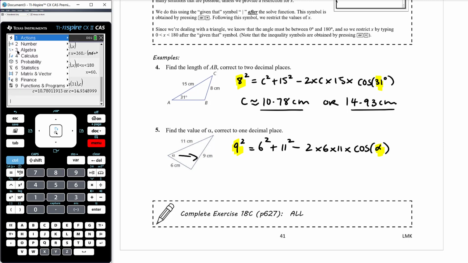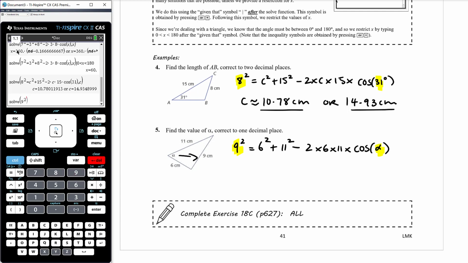So we can solve 9 squared, and you can of course take some shortcuts rather than type in 9 squared. If you know that 9 squared is 81, you can write 81 equals 36 plus 121, it doesn't really matter, but you just need to solve your equation. Minus 2 times 6 times 11 times cos of x, comma x, and because we're solving for the angle, we will need a restriction.